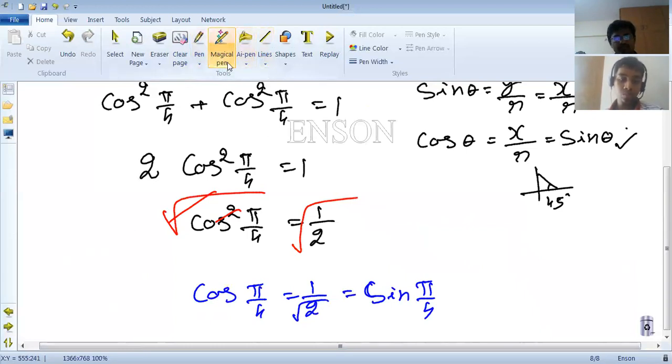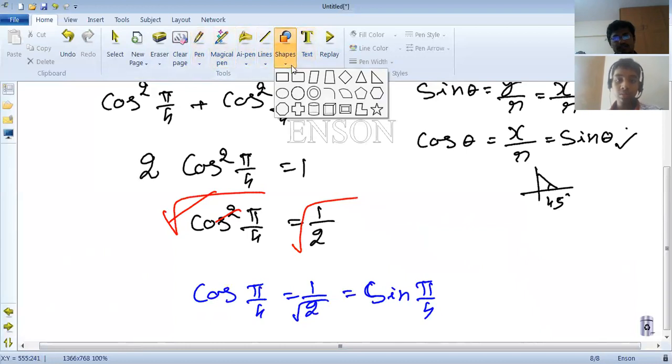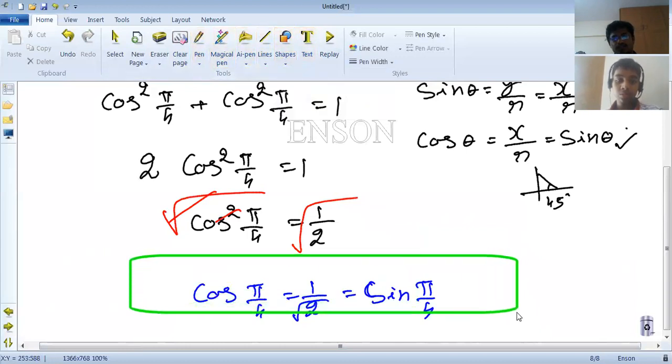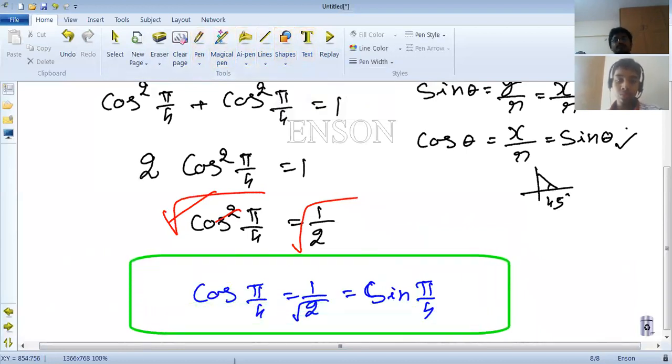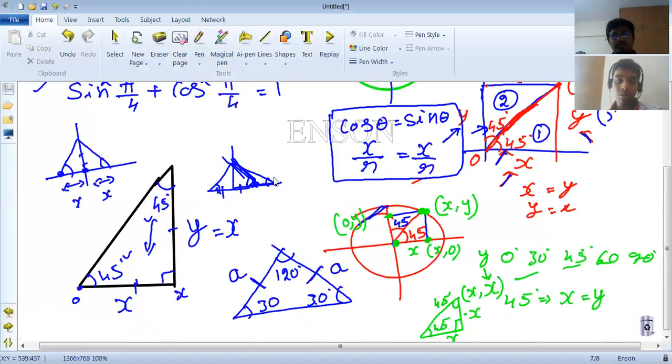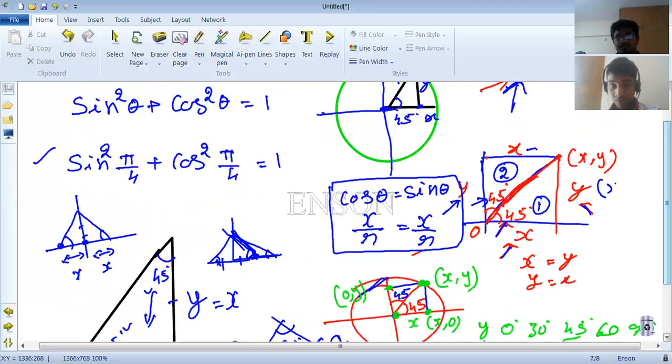Any queries? No, sir. This is literally confusing, but while you are practicing, you will get to know very easily. Here we did it very easily. See, whenever the angle in a unit circle is 45, sine will become cos. This is the basic formula by using the Pythagoras identity.